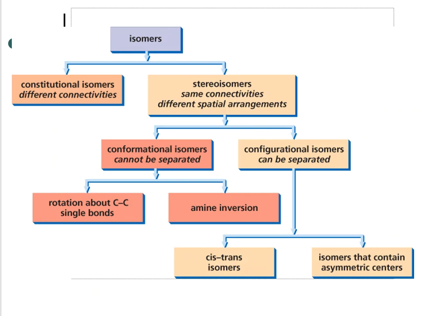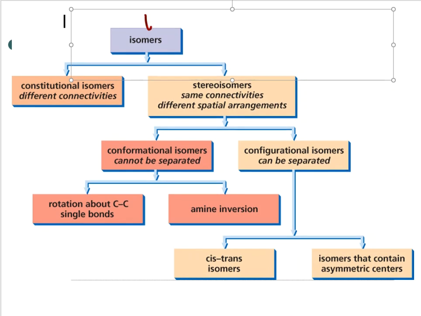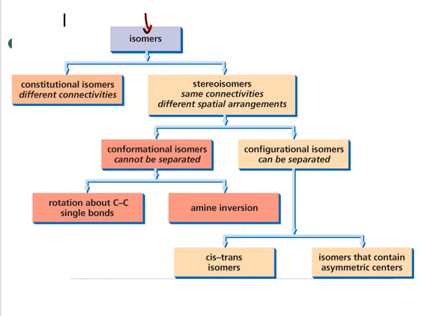So to sum all this stuff up, as far as the definitions go, folks, here we go. Up at the top, we've talked about isomers. This is nothing new to us at all, right? We've been talking about isomers for weeks and weeks. And there's two different types of isomers that we have now encountered. Over here to the left are the constitutional ones.